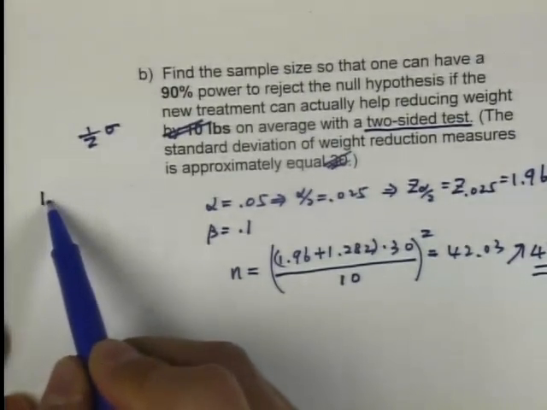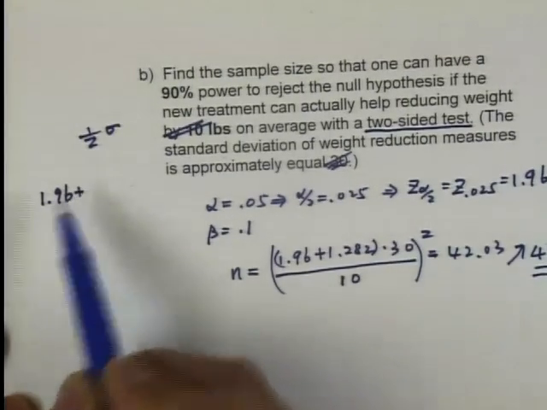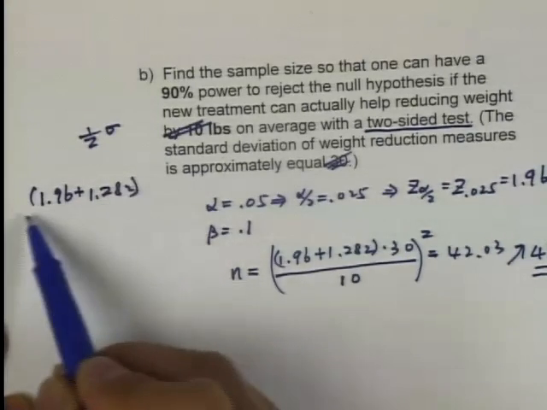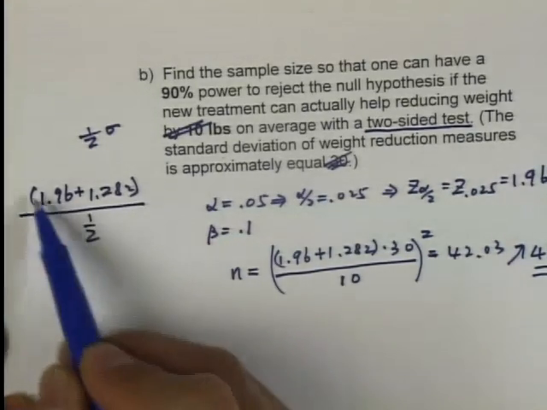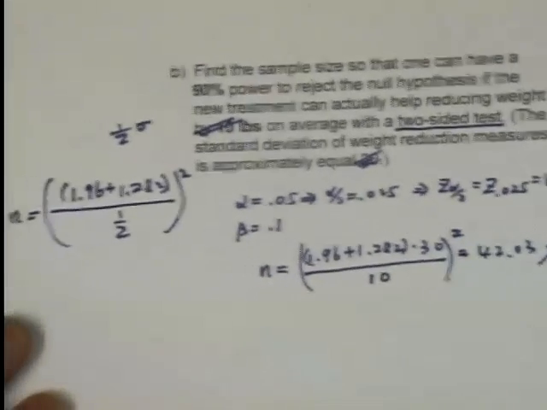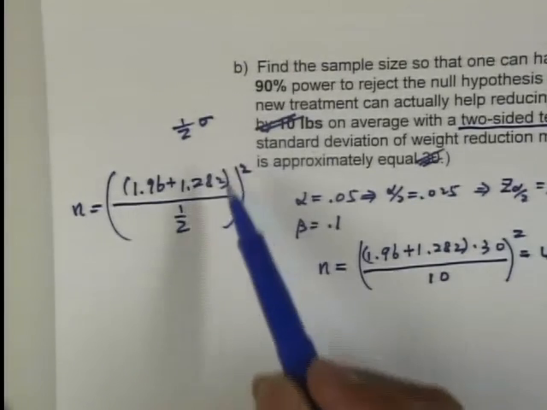You will have the same Z scores, put the 1/2 there, and square. That will be your sample size. You don't need the sigma anymore.